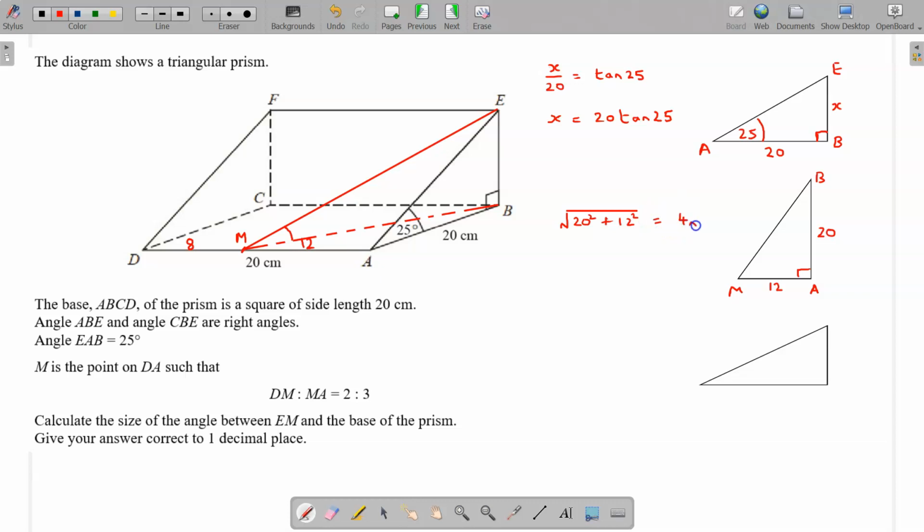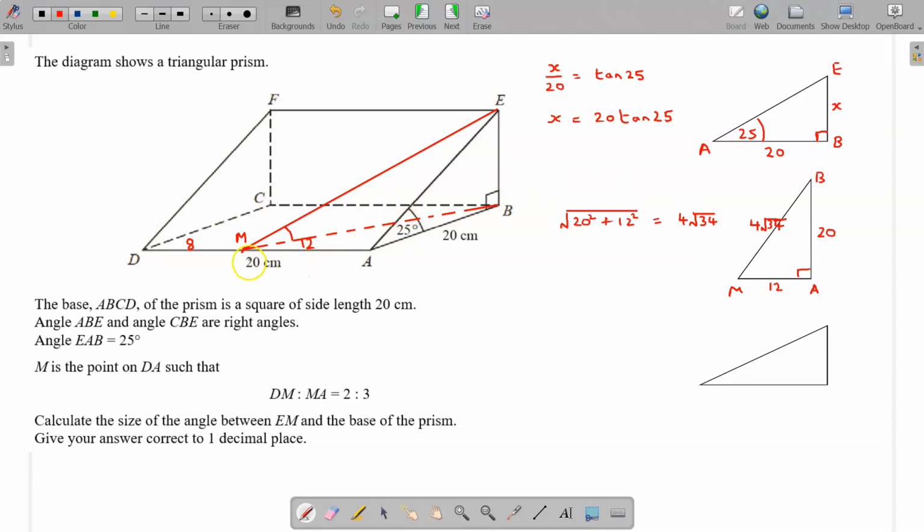And again, I wouldn't work out what 4 root 34 is. I would just leave it as 4 root 34. Write it on there. So I now know something about the length MB.